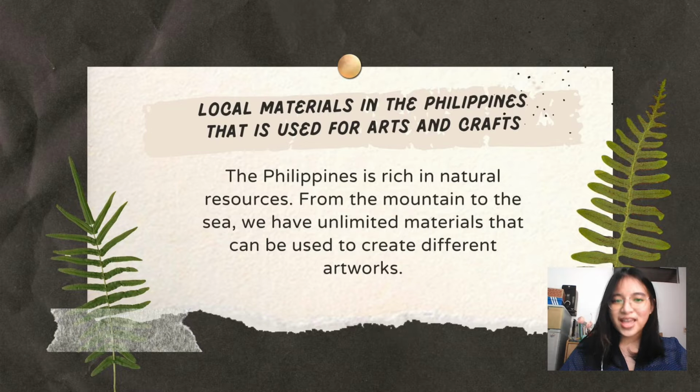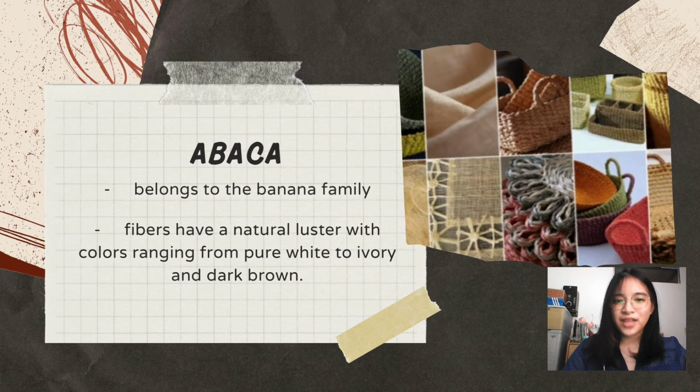Thank you, Ms. Lopez. Let us now move on to the local materials in the Philippines that are used for arts and crafts. As we all know, the Philippines is rich in natural resources and we have a lot of materials we can use in creating different artworks, such as, first, abaca.